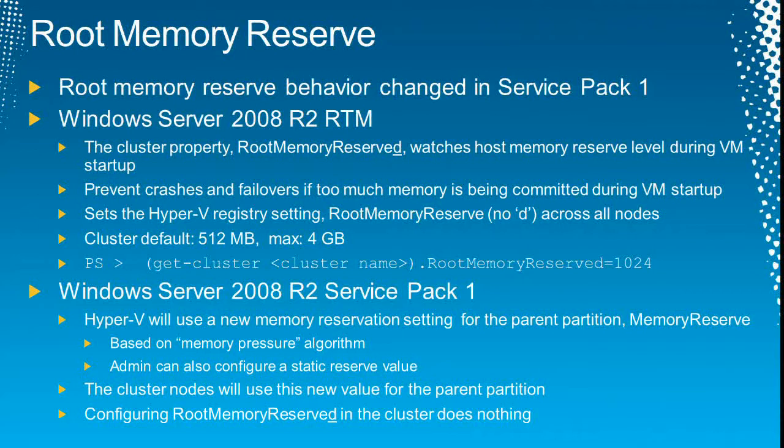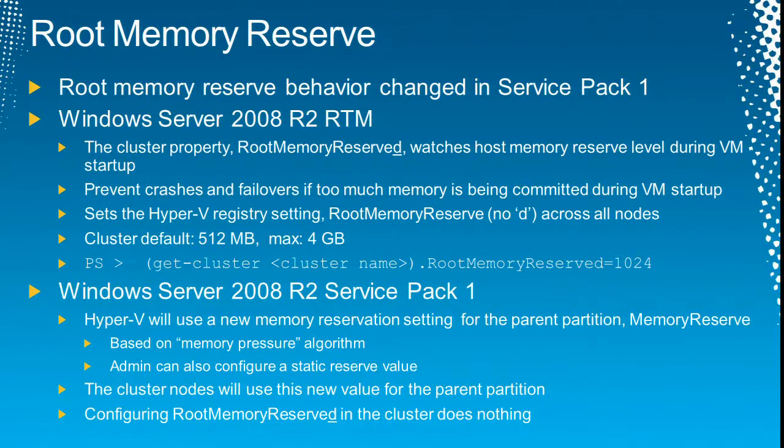And we actually changed that. We used to have a static value in RTM. Then with dynamic memory, we said, you know what, we can get smarter about how we allocate memory for the host partition, as opposed to just setting a static value that works most of the time and we hope it works for most people. We can use some of the same techniques we use with dynamic memory to also make the memory reserved for the host partition dynamic.